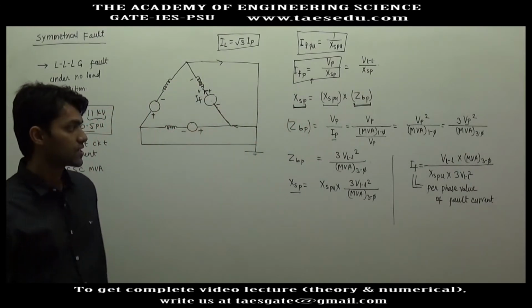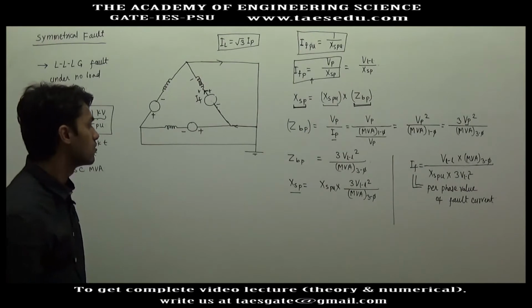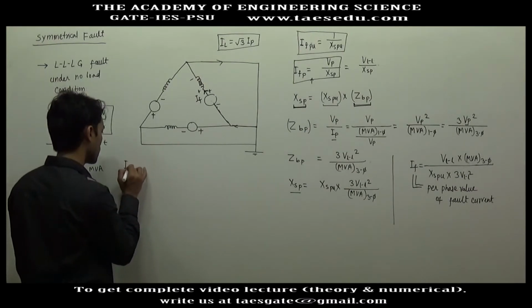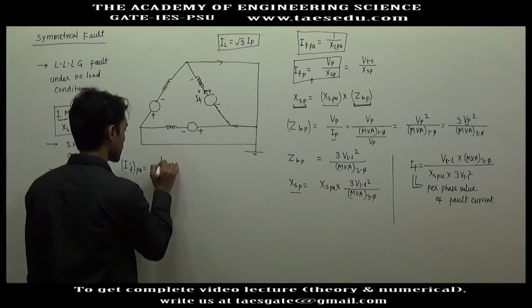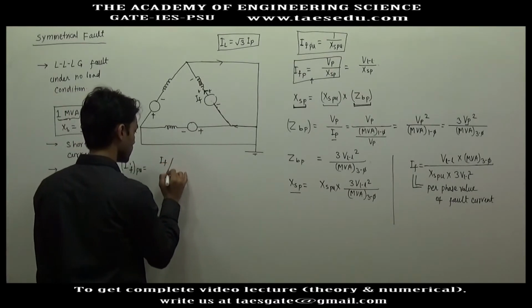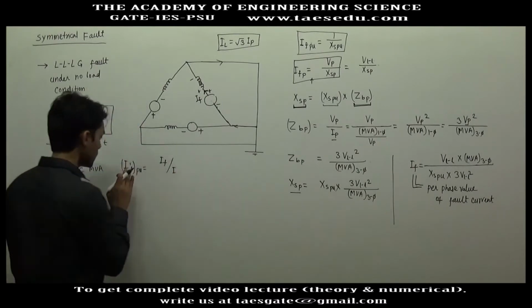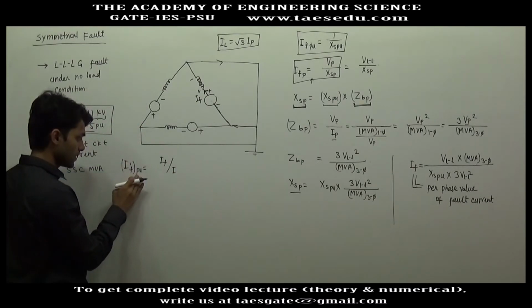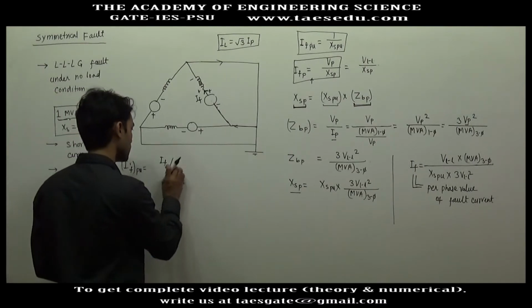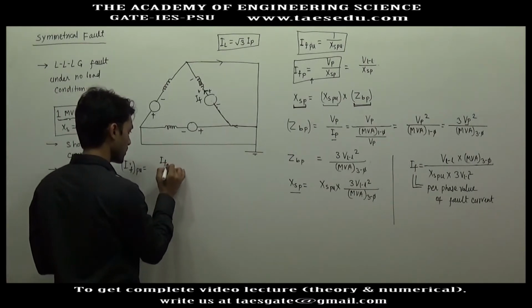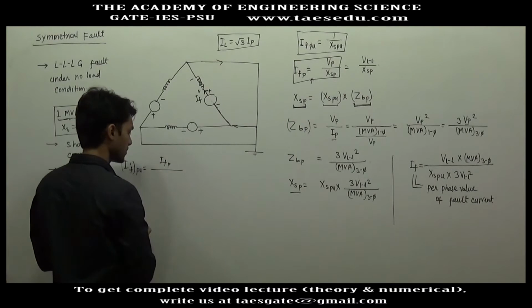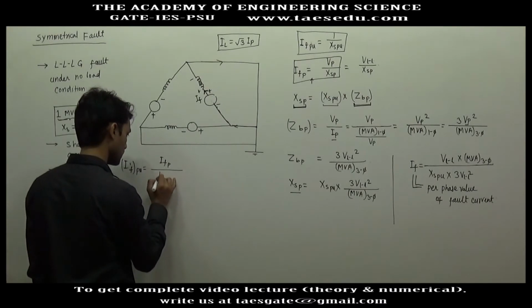Now if you are interested to find out the PU value of fault current, the PU value of fault current in phase will be the actual value of fault current in phase divided by the base value of phase current.